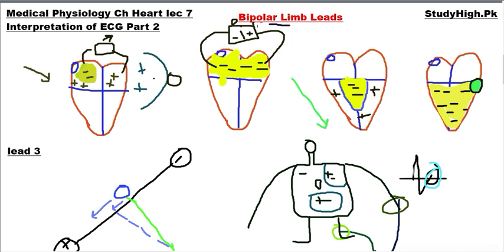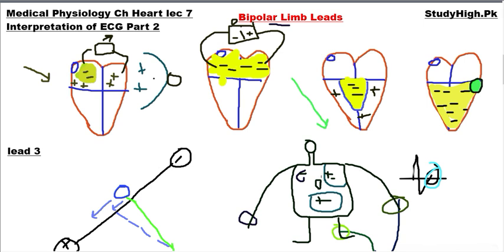Lead 1, what is the arrangement of lead 1? Its connections: in lead 1, we connect the negative terminal with the right arm and the positive terminal with the left arm. In lead 2, we connect the negative terminal with the right arm and the positive terminal with the left leg. And you know, the right arm is connected with the fluid on the right side of the heart, and the left arm is connected with the fluid on the left side of the heart.